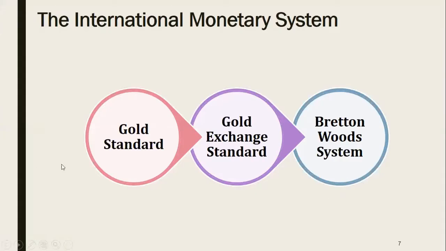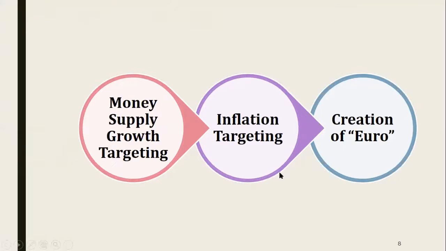Okay, now you know how we moved from the gold standard to the Bretton Woods system. Then, after the US experience with inflation, they identified that, rather than the benefits of the activist monetary policy, they faced more harm to the economy.